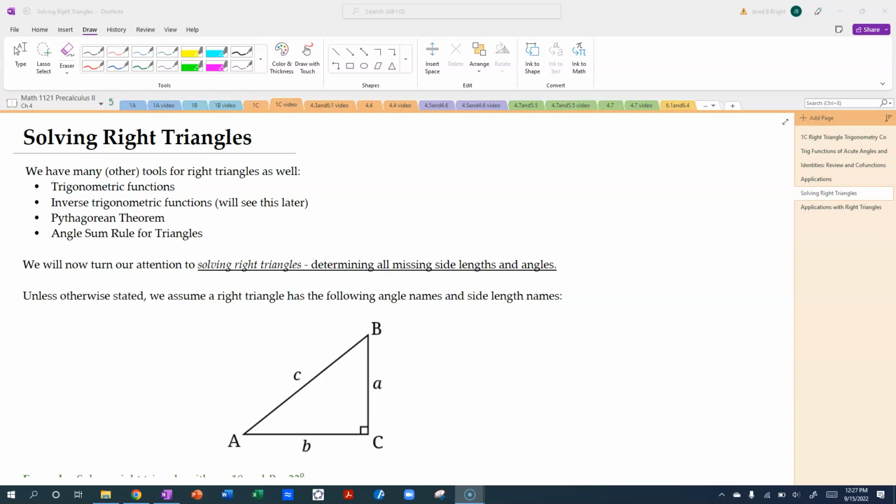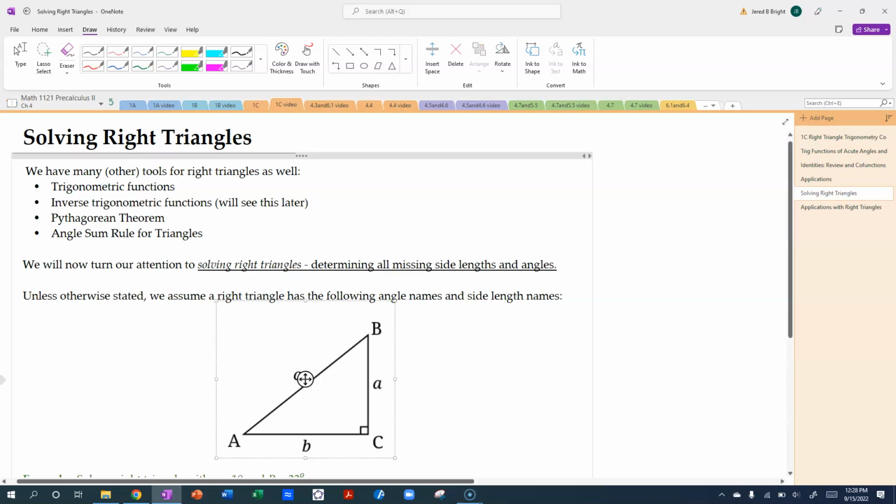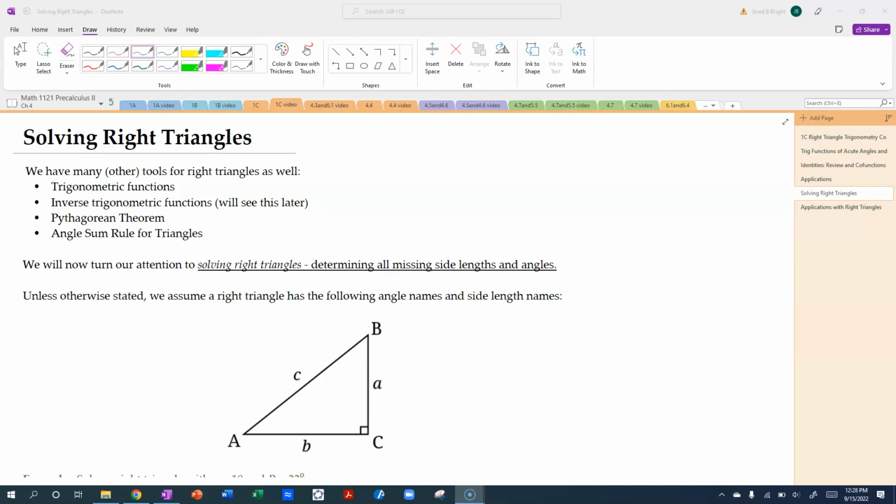But for right now, when we say solve right triangles, we're going to use that bit of language to mean find everything out about it that you can, all missing sides, all missing angles. Also, a convention that we use in setting triangles up, maybe you've encountered this in the past, is to say that the vertices follow a specific order, mainly that the angle C is the 90-degree angle and thus opposite the hypotenuse.